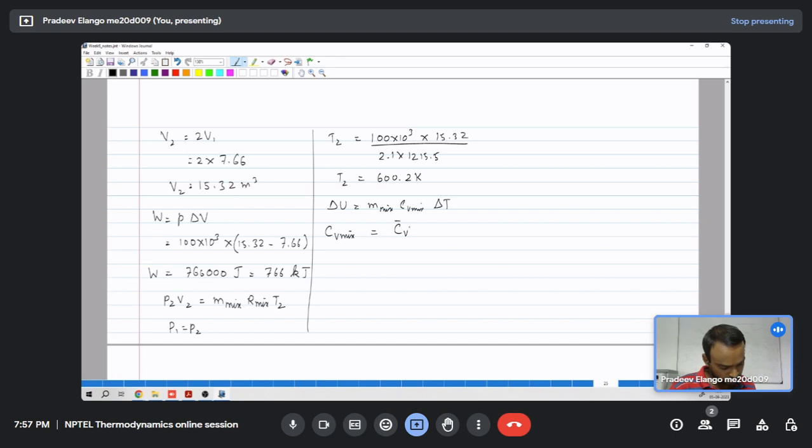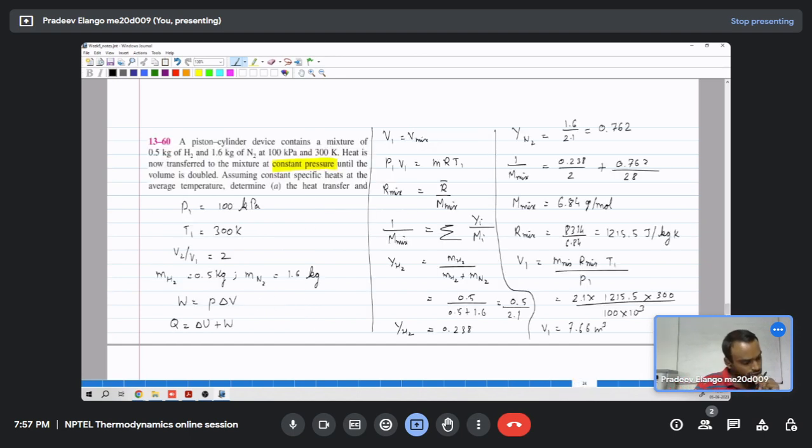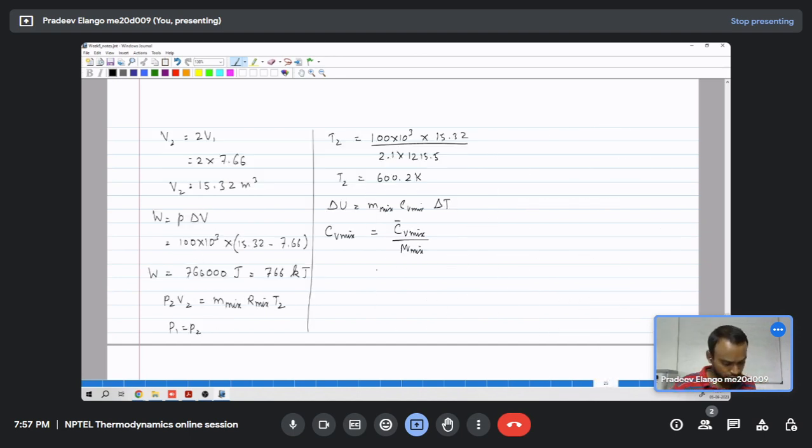CV of the mixture is CV divided by the molecular weight of the mixture. We calculated the molecular weight of the mixture earlier, and because both are diatomic gases, CV is the universal gas constant divided by gamma minus 1, that is 8.314 divided by gamma minus 1, which is 0.4.